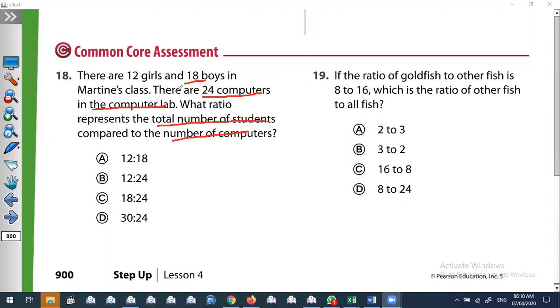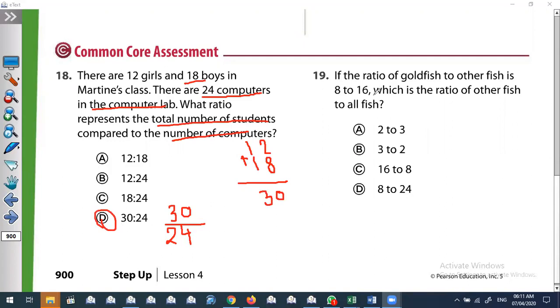Total number of students means 12 and 18, plus, it will be 30. So we have 30 students. So what ratio between the total number of students, which is 30, to the number of computers? So I will write 30 over 24, or 30 to 24.